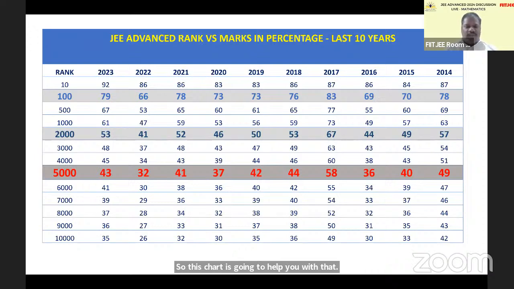But going further, you can work out something on your own also. If right now my present potential says that I am within 9,000 rank or 8,000 rank, then I have to be within 5,000 rank to get a decent course in a good IIT. That is what I would suggest. You might be able to clear it, and 35% marks says that you will be within the 10,000 ranks.